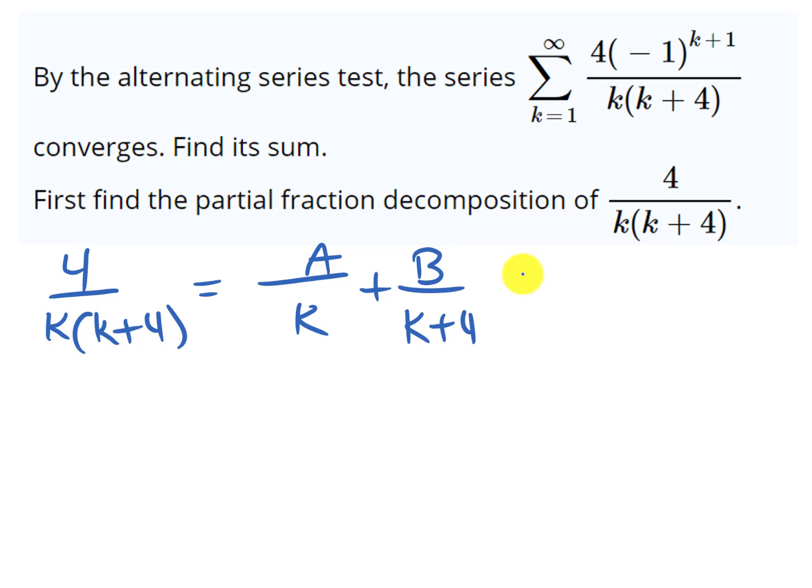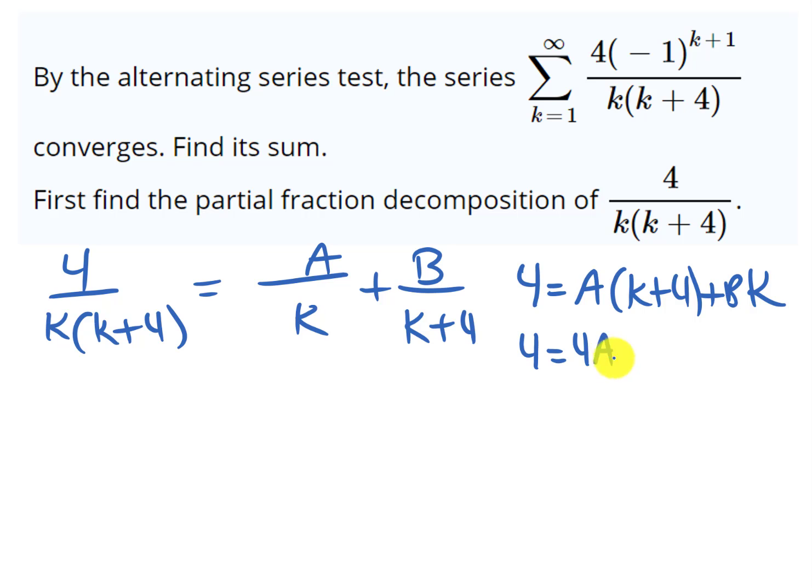If we cleared that of fractions, we'd have 4 equal A times k plus 4 plus B times k. So if we let k equal 0, we will have 4 equal 4A, so we know that A equals 1.